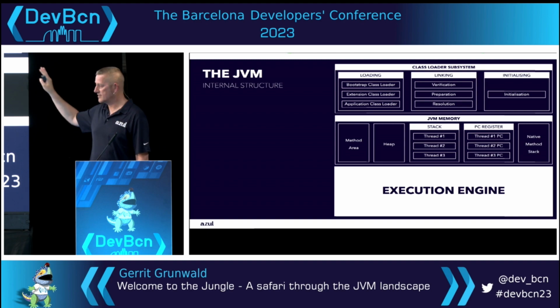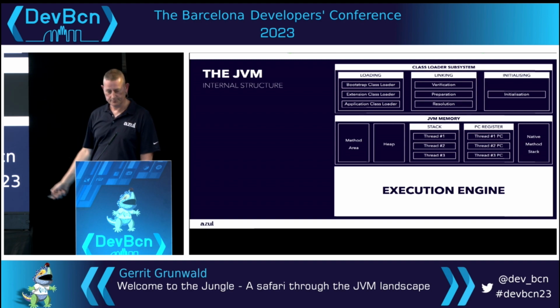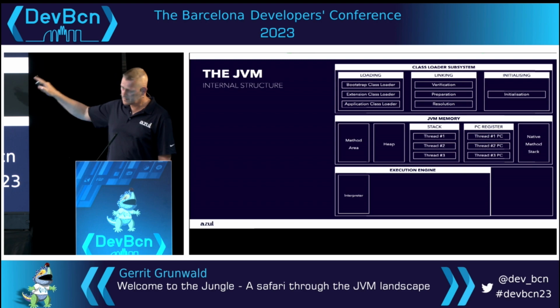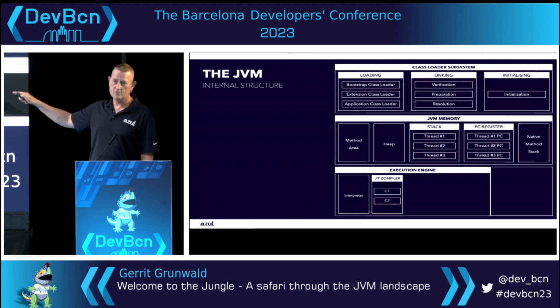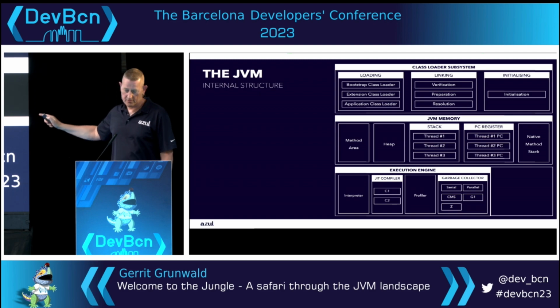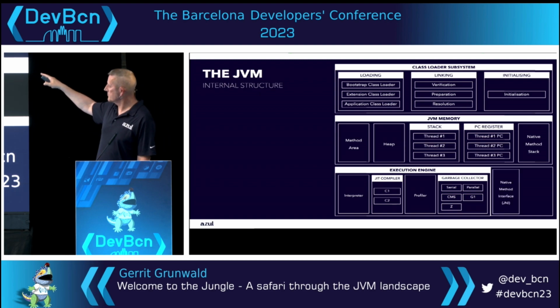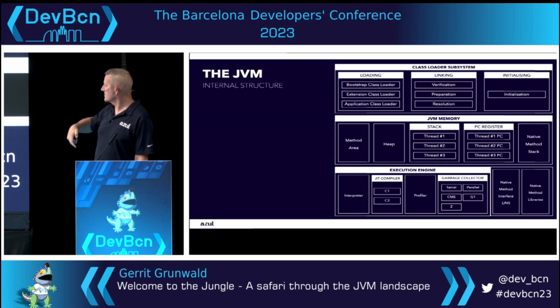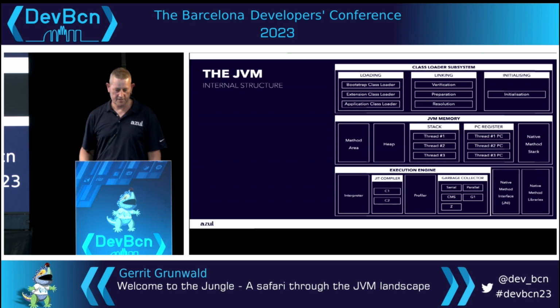Okay, and then the interesting part is the execution engine. That contains the interpreter, the C1 and C2 compiler, the profiler, the garbage collectors, and also it contains the native method interface, JNI, and then there is a native method library. So this is the JVM structure, how it looks.